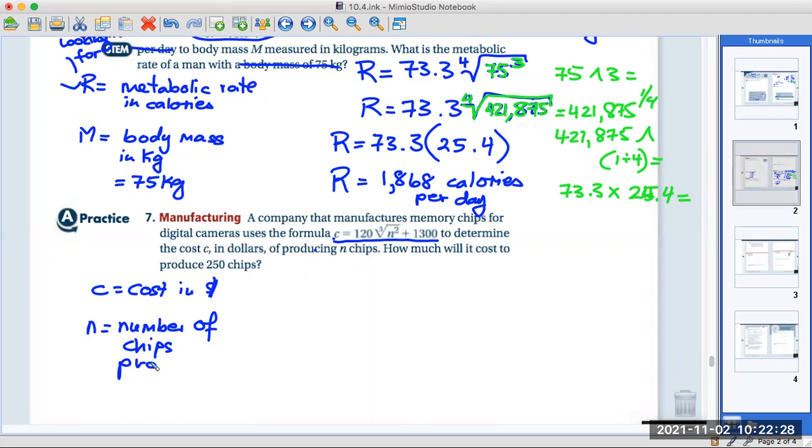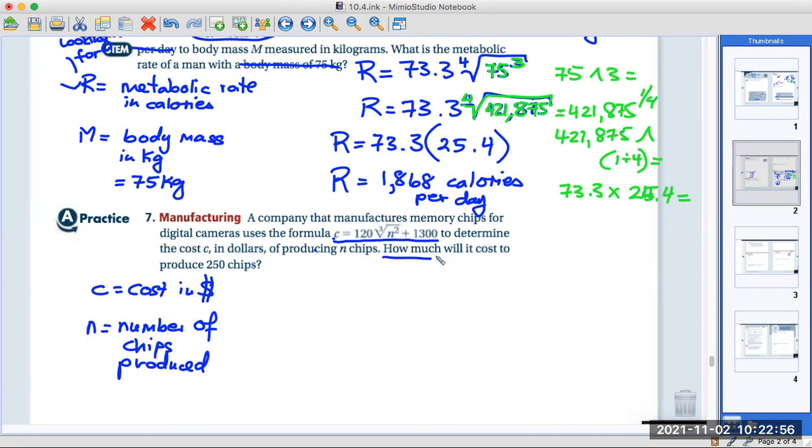So this company makes chips to put in your digital camera, and the cost of manufacturing these chips is given with this formula. However many chips, you would plug it in here, work out each step, and in the end it would give you the cost.